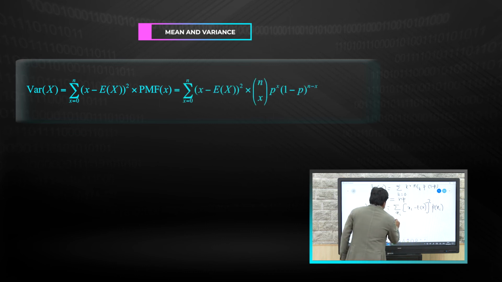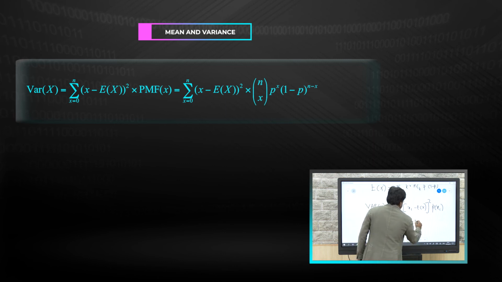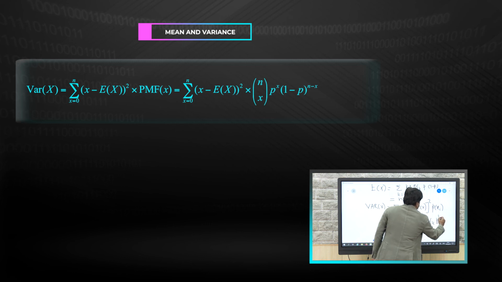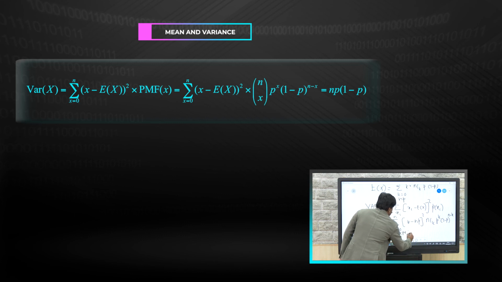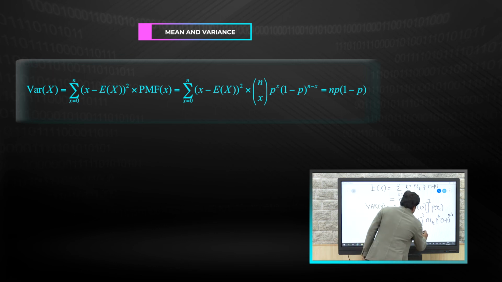So here we can write this as the summation over k equal to 0 to n of (k minus np) squared, and the probability is nCk p to the power k (1 minus p) to the power n minus k. When we simplify this, we will get the value n times p times (1 minus p). In many textbooks, they write this as npq, where q is 1 minus p.